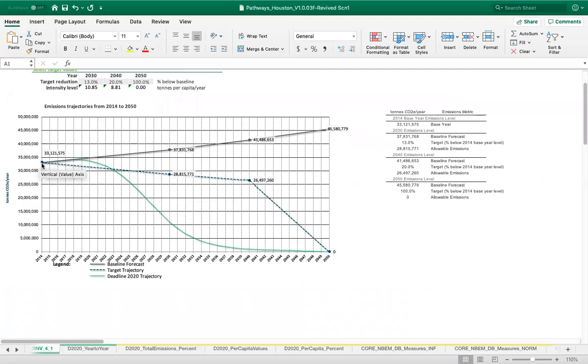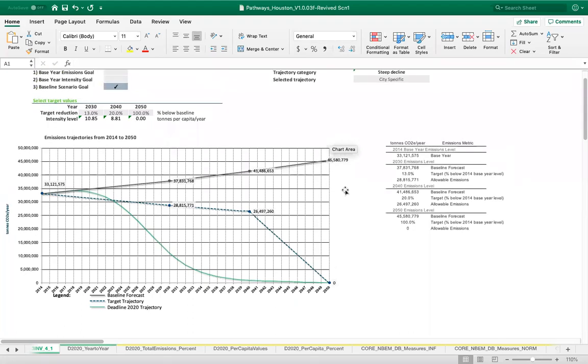The baseline year was 2014 with 33 million tons of emissions. And then under the growth that we set up, we're looking by 2050 to be hitting 46 million or so. And then under this page, this is where we can start to specify emissions reduction targets. So we established that we'd like our interim years to be 2020, 2030, 2040, and 2050.